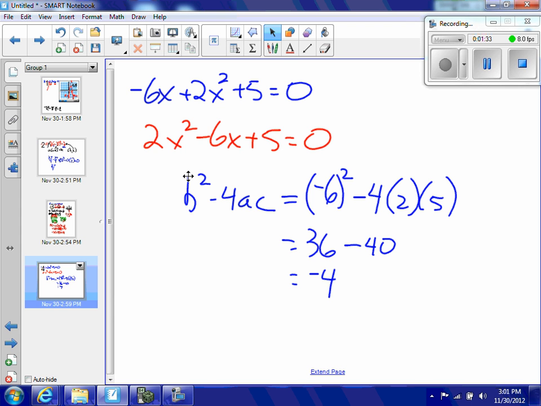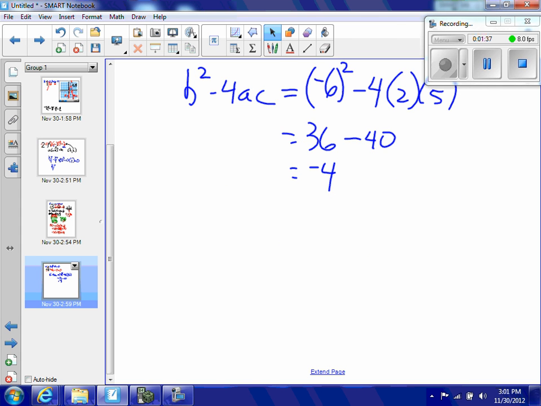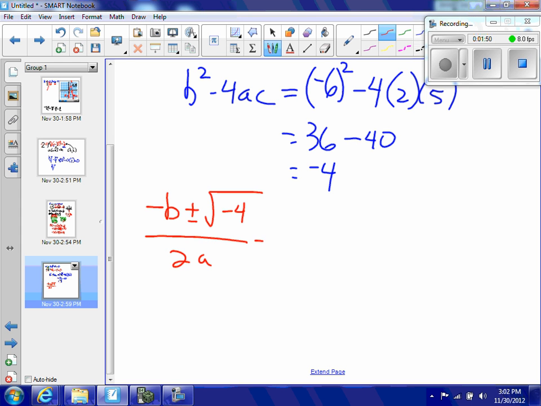Well, let's now put it into the whole quadratic formula. So I have the quadratic formula, negative b plus or minus the square root. I already know my discriminant is negative 4, over 2a.